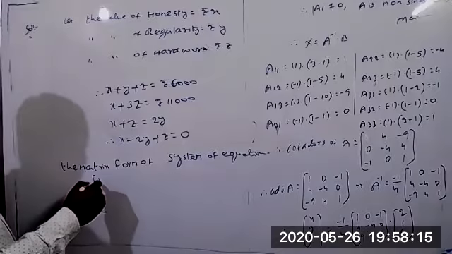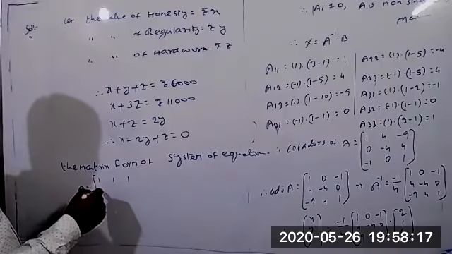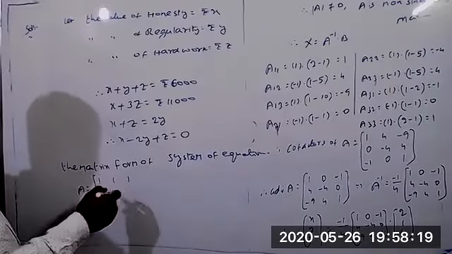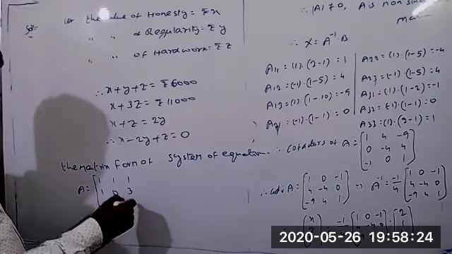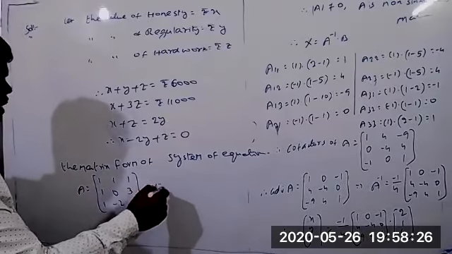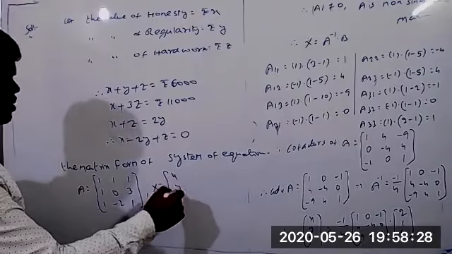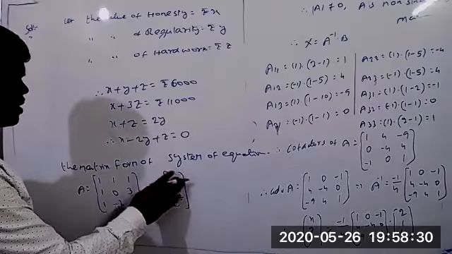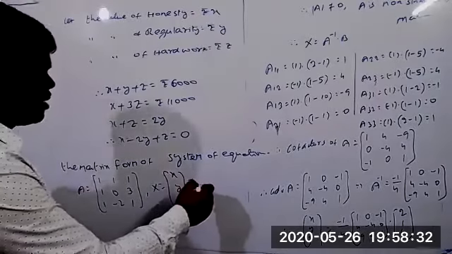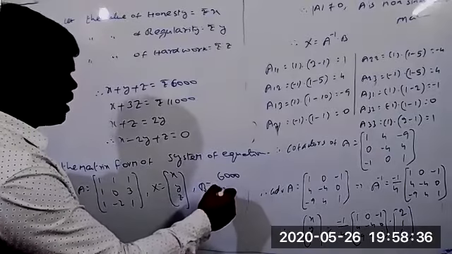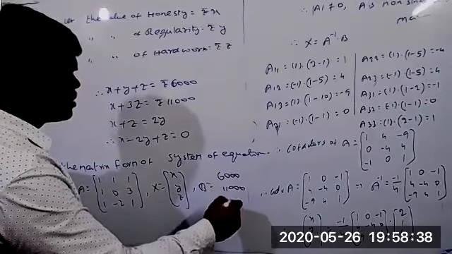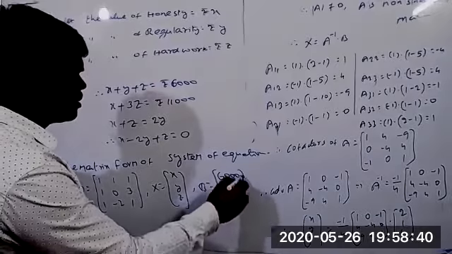Matrix A equals 1 1 1, then 1 0 3 with regularity not there being 0, and 1 minus 2 1. The matrix X equals x y z. The matrix B equals 6,000, 11,000, and 0.